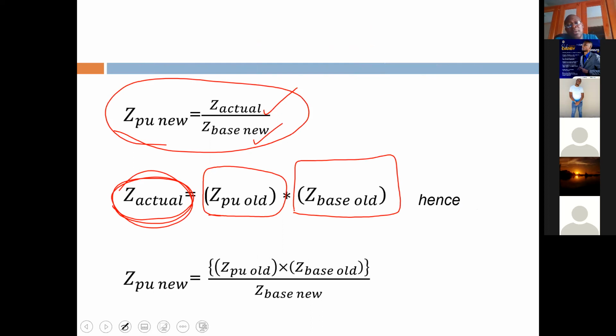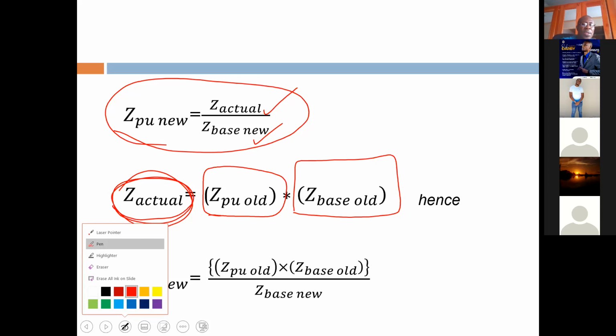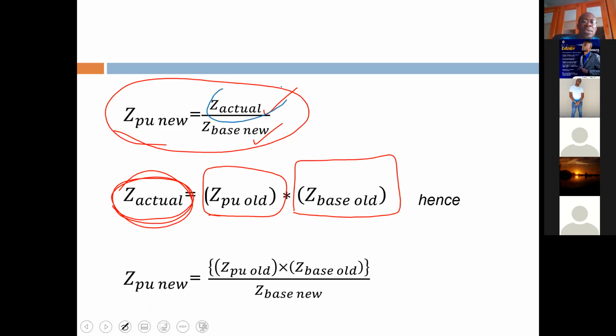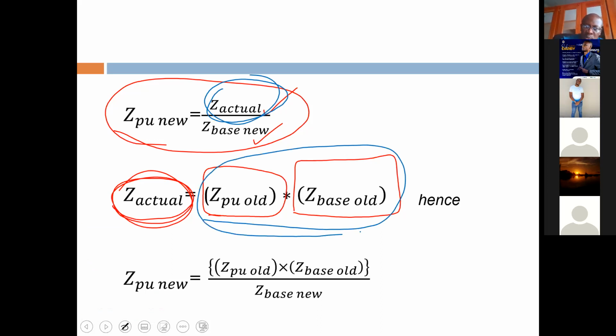So the actual would be equal to the old per unit times the old base that I had used. That won't change. So the actual value remains the same. So if that remains the same, then it is equal to Z per unit old times Z base old, which is what we have here.